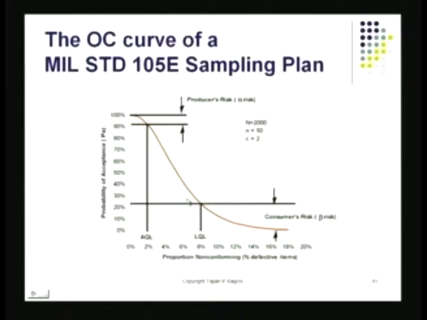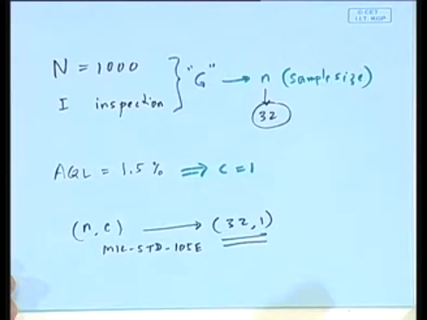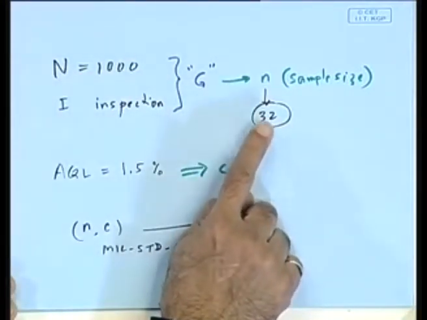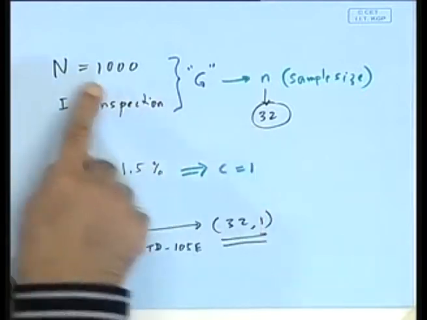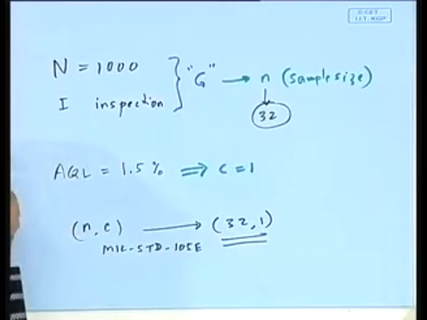Of course, if I wish, I could use the old nomogram or some other calculation. If this is a finite lot, I'll have to use probably the hypergeometric formula. But if we assume the lot to be quite large as compared to my sample size here, I could assume this to be more or less infinity. And therefore, the formula that I could use here would be the binomial formula.